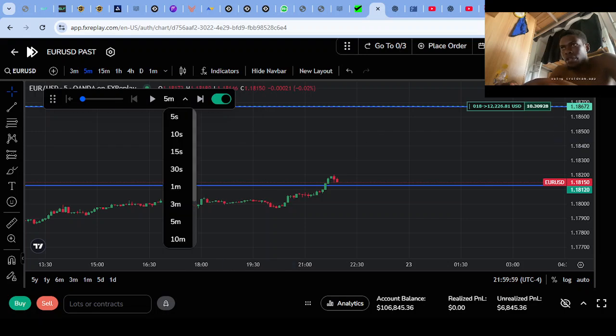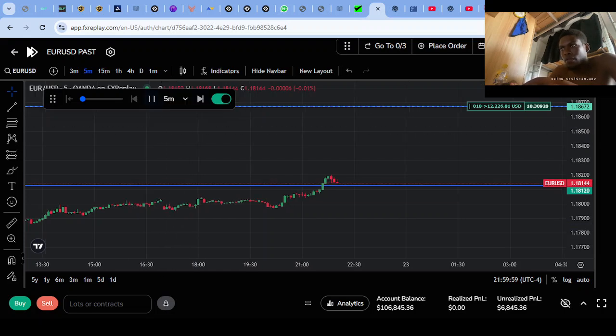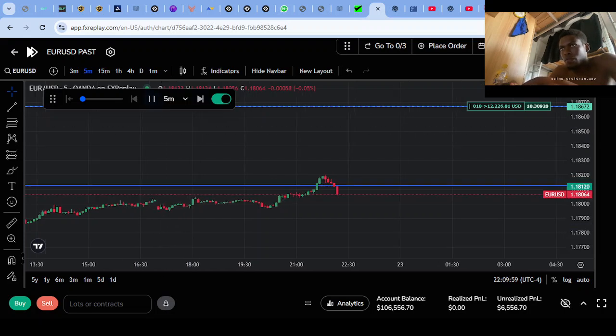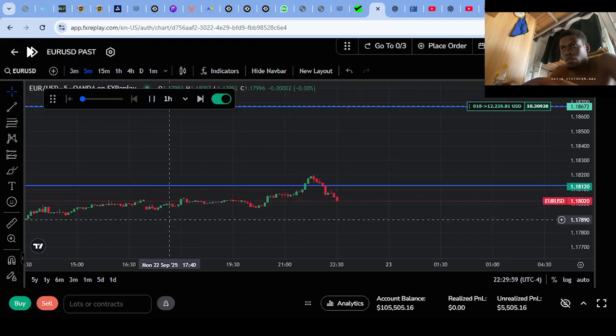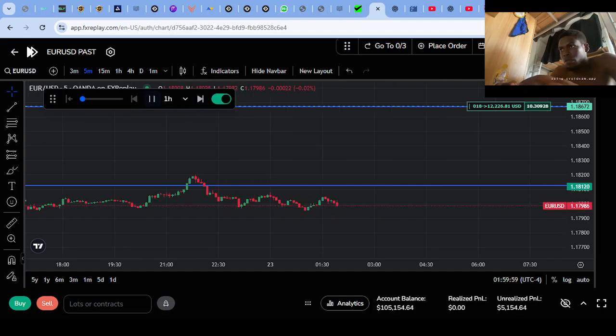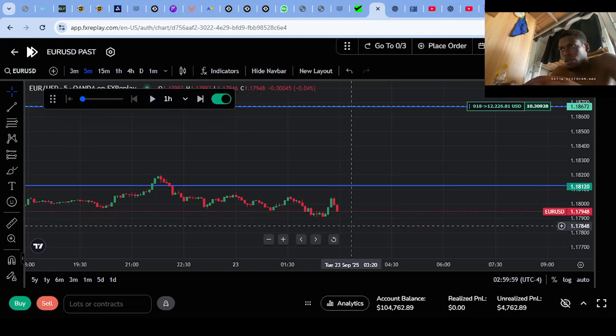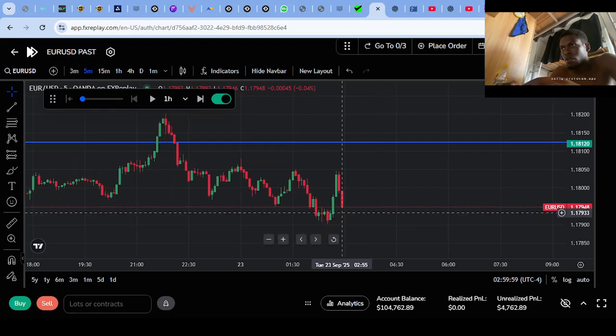We gotta go to the London session, to the start of the London session. So if we look here carefully, we see that this is the start of the London session.